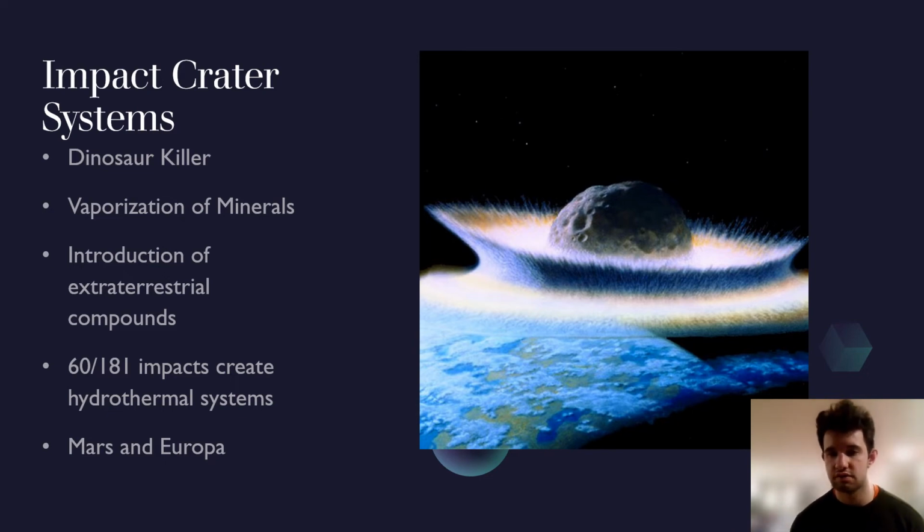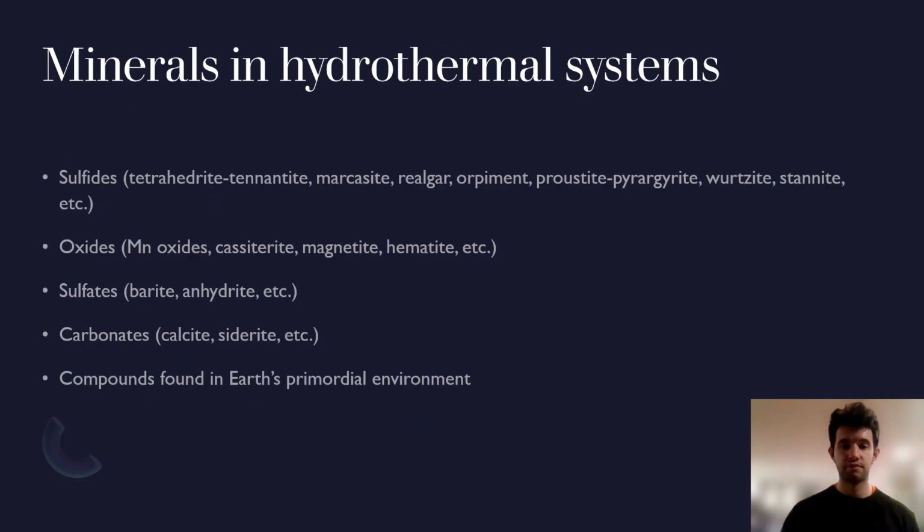What's also interesting to note is that these are also found, again, on Mars and Europa, and they also have been found to create hydrothermal vent systems, which alludes to the possibility that impact crater systems have the necessary chemical and physical requirements needed for organic compound synthesis to occur.